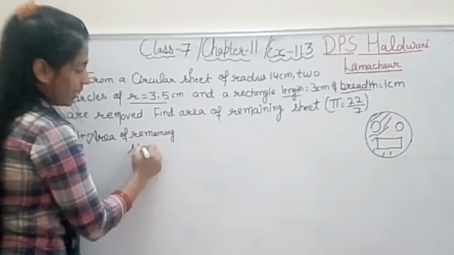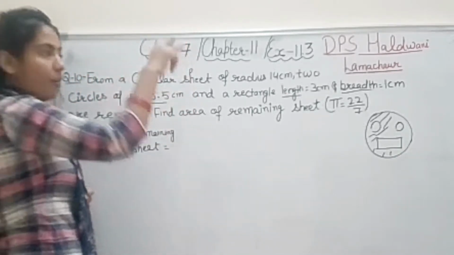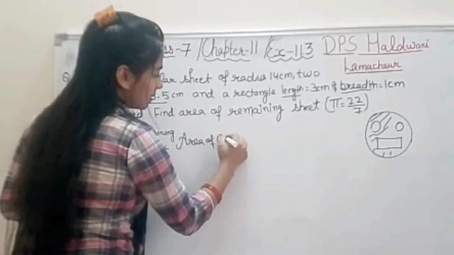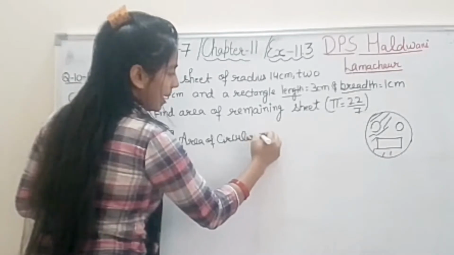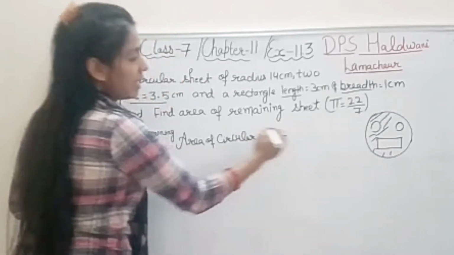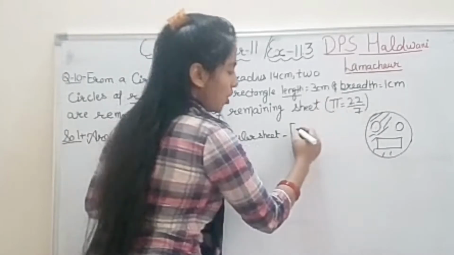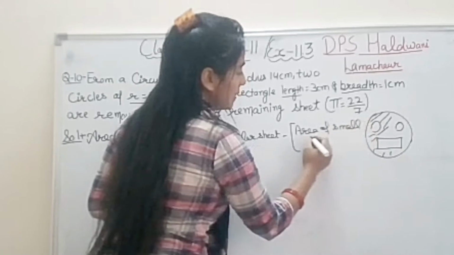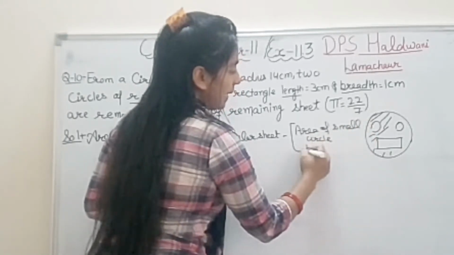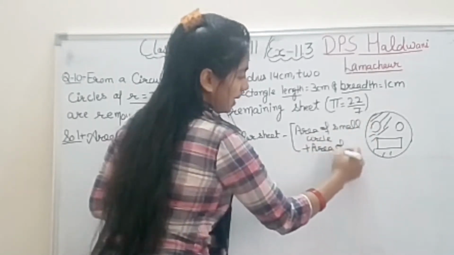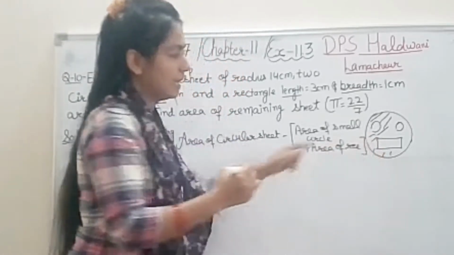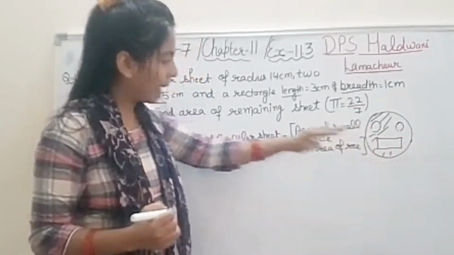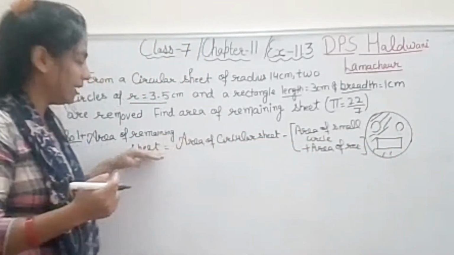The area of the remaining sheet will be the area of the circular sheet minus the area of the small circles plus the area of the rectangle. Obviously, this total area you will subtract from the circular sheet, then you will get the answer.